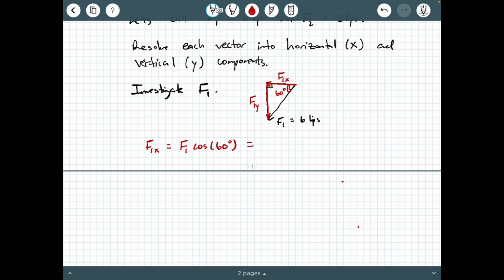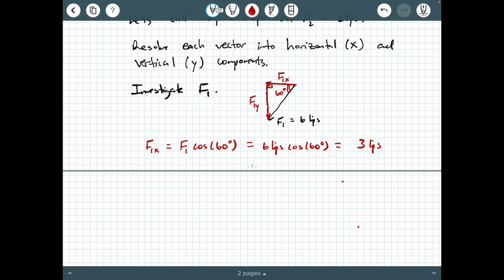And then you can use your calculator, and of course make sure your calculator is in the correct mode. You want it in degree mode, not radians mode. So of course we're going to have 6 kips times cosine of 60 degrees. And when we punch this through, we should get 3 kips.